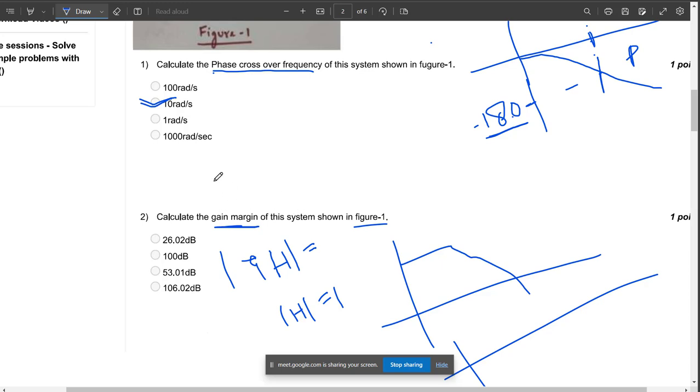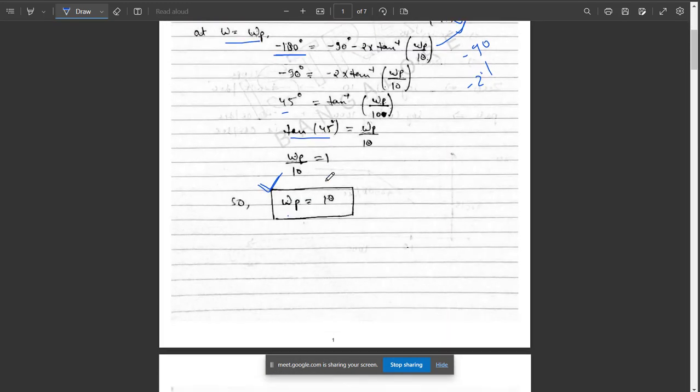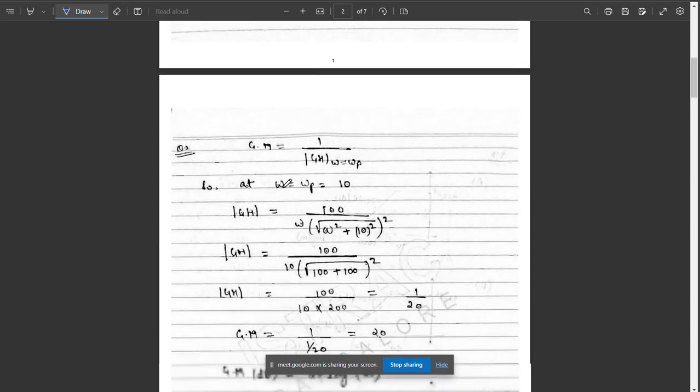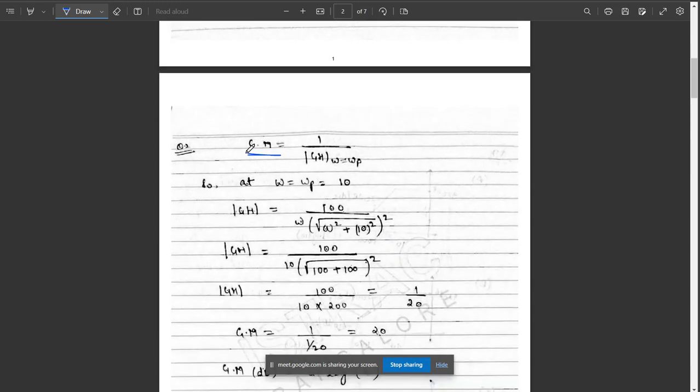So we have to find the gain margin. Here you already know the phase crossover frequency, which is omega p. So you have to find GM, which is the gain margin. First you have to find mod GH at omega equals omega p.